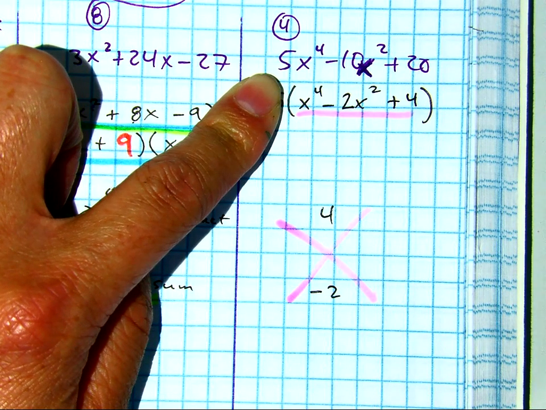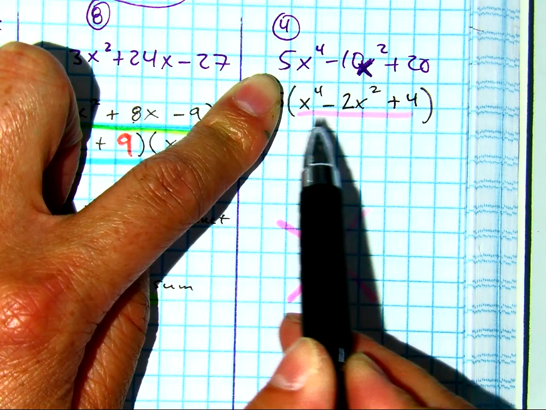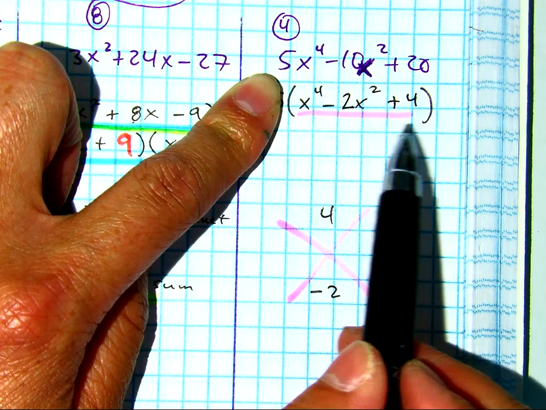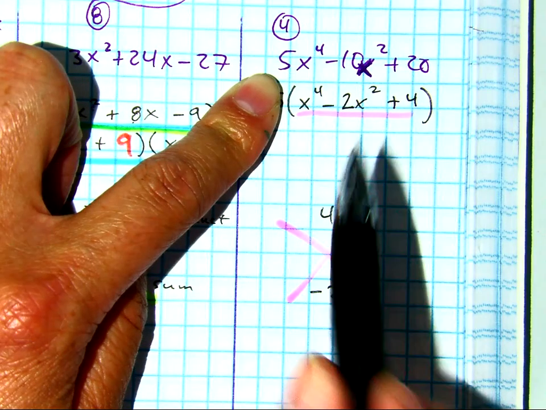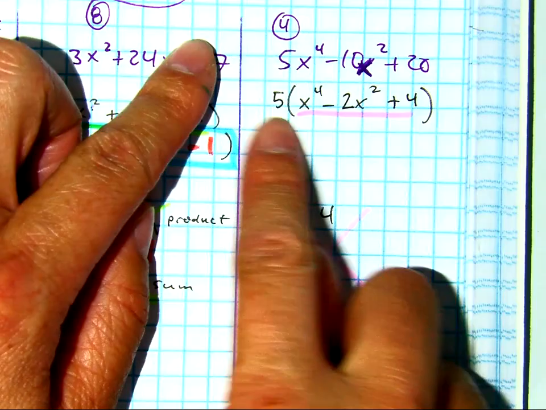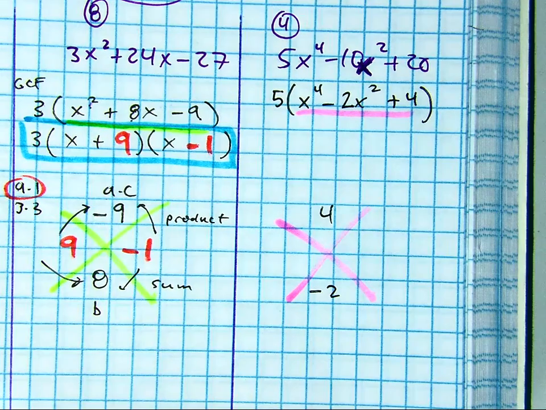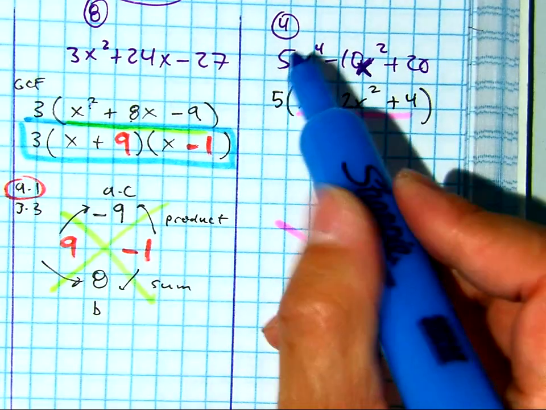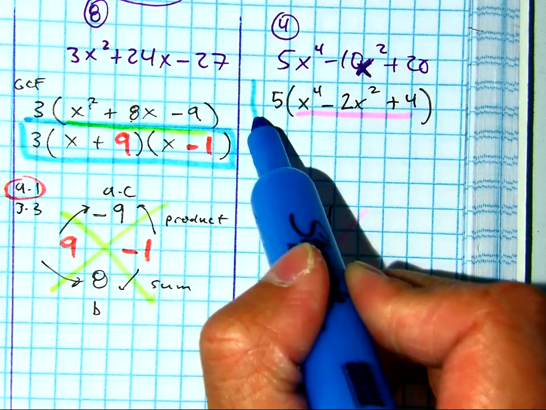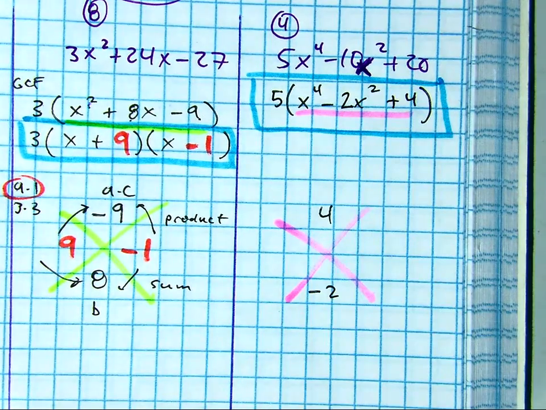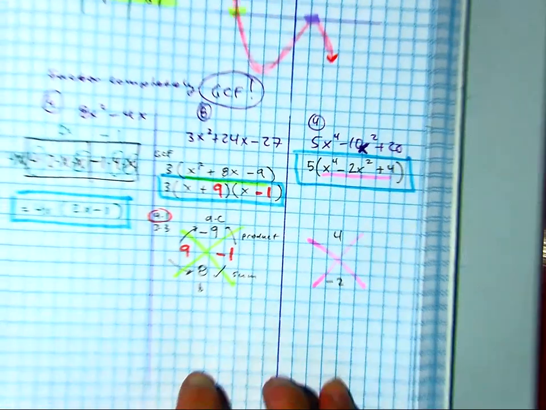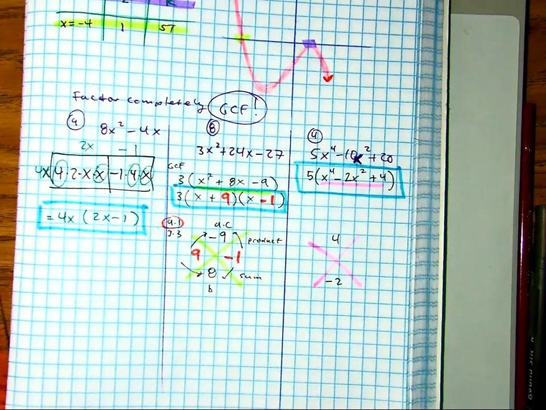In pink, this is called a prime factor. What does that mean? It means that we cannot factor these into binomials. It means that this is actually your answer. In this problem, all you did was just pull out a greatest common factor, and that's your answer. So the very first thing you should always do in all these problems is pull out the greatest common factor.